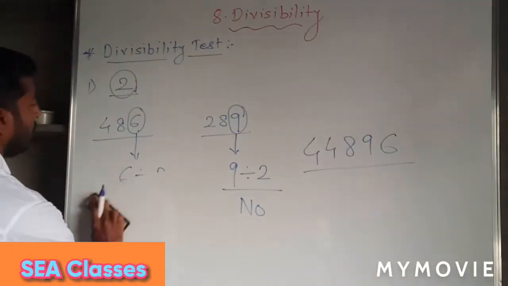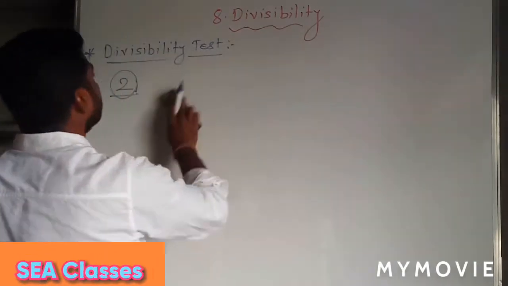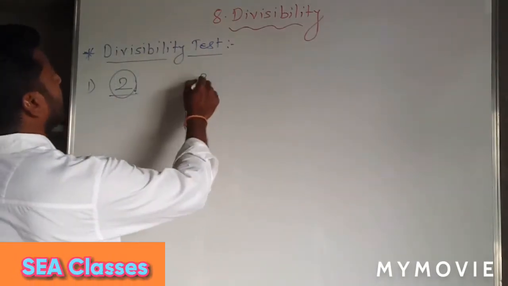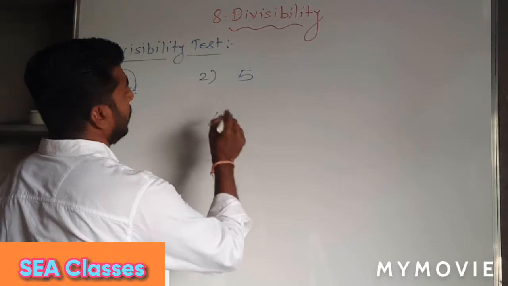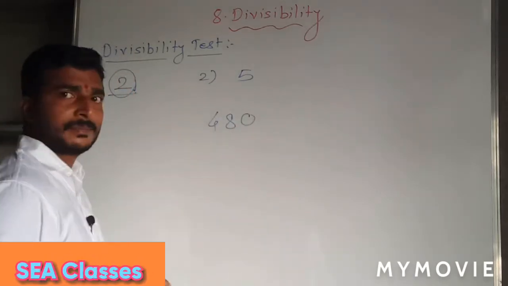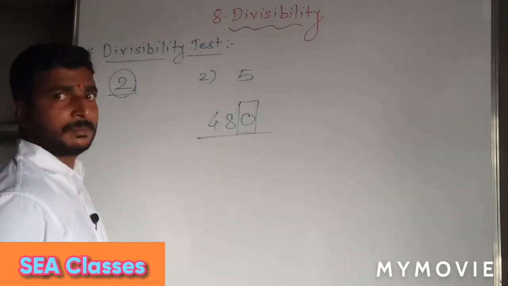Now, also in your lower classes you have learned the test of divisibility for 5. The number 480, is it divisible by 5? What you have to do? You have to see the unit place.